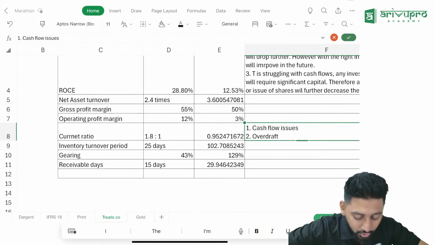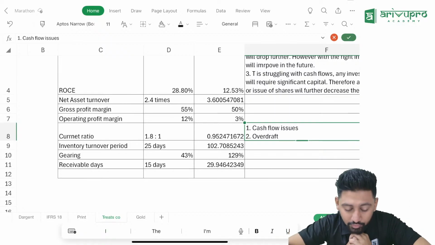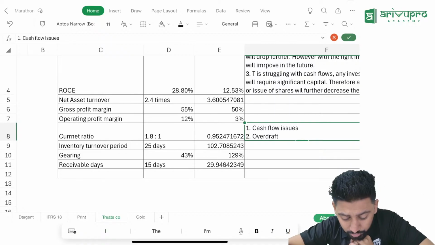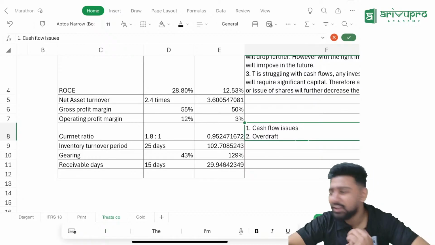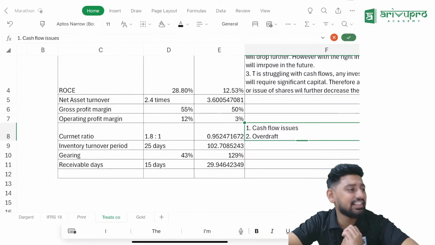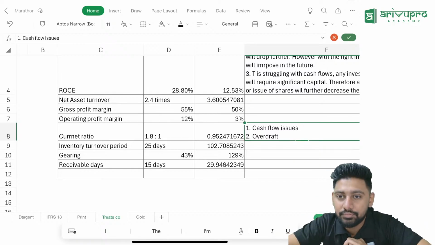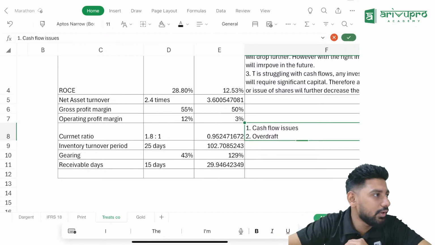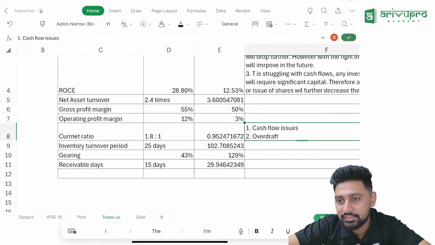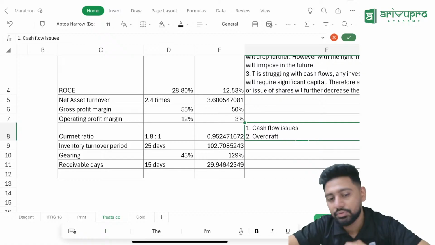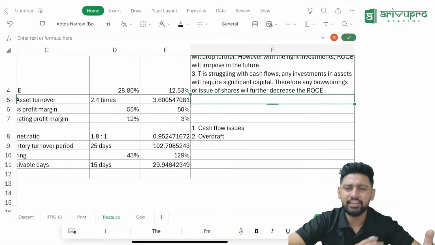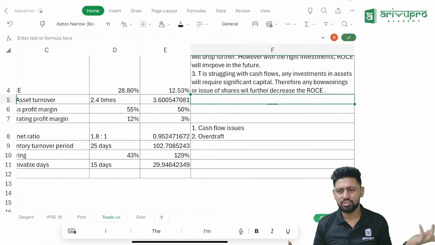Then coming back, we are talking about net asset turnover. When you take your net asset turnover, it looks much better than your sector average. But you're still planning to invest in assets, meaning your net asset turnover will drop if you are going to invest in assets. In the short run, it will drop. So we can immediately talk about that and just go forward. Nothing much to talk about there.